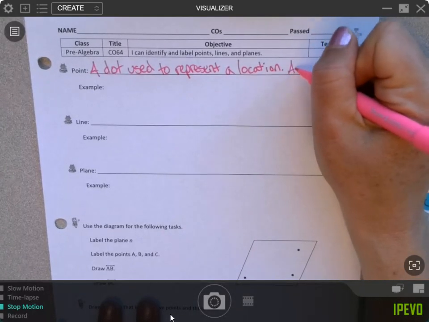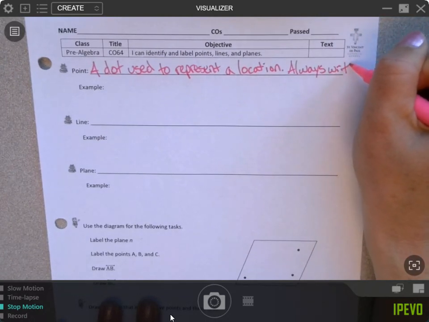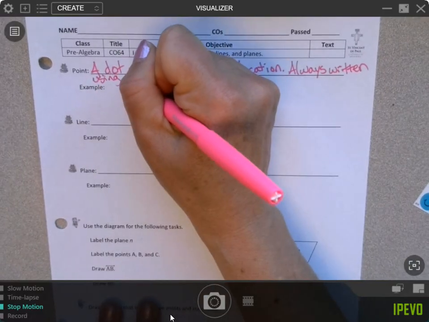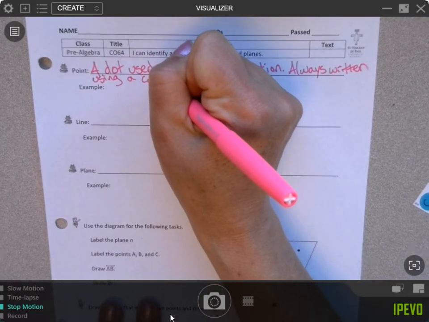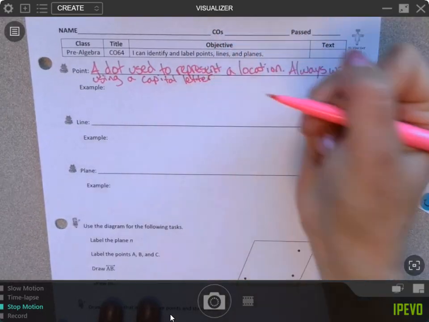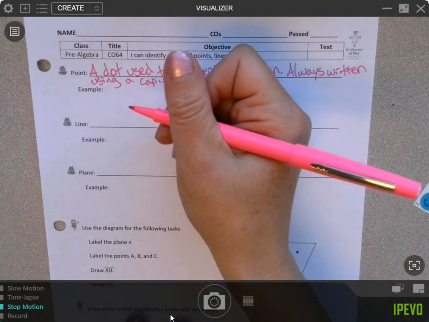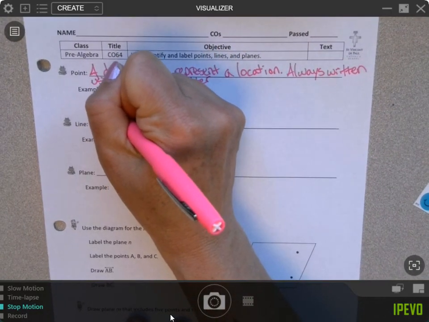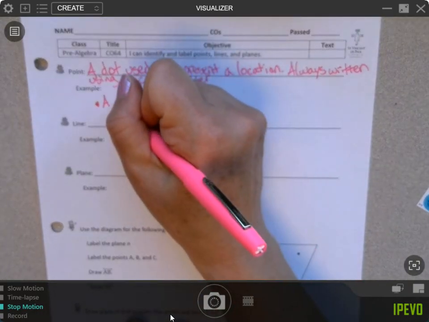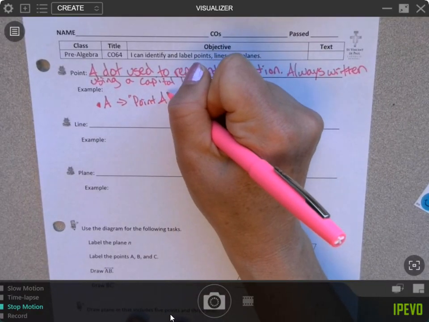It's always written using a capital letter. So our points will always have a capital letter with them. An example would be point A. So that we would call point A.